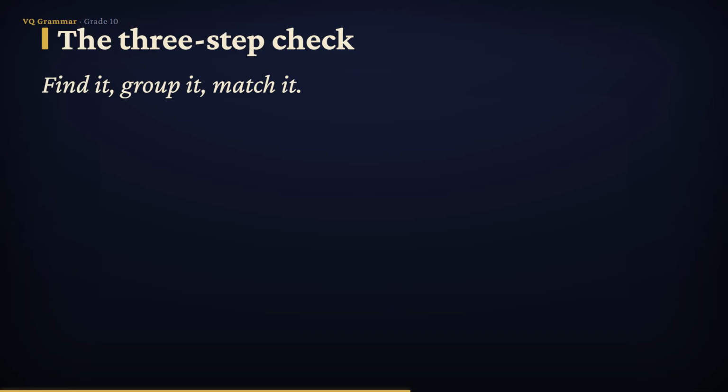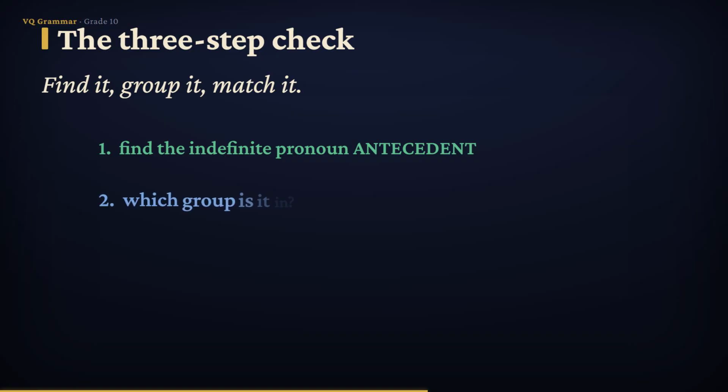Let us fold the whole lesson into a 3-step check you can run on any sentence. Step 1. Find the indefinite pronoun that is acting as the antecedent, the word a later pronoun points back to. Step 2. Ask which group it lives in: always singular, always plural, or the it depends group. Step 3.